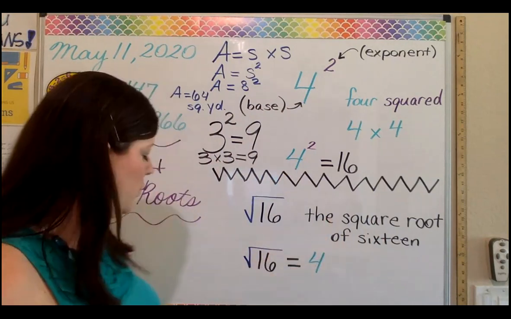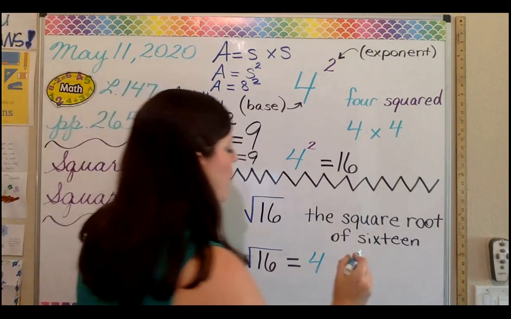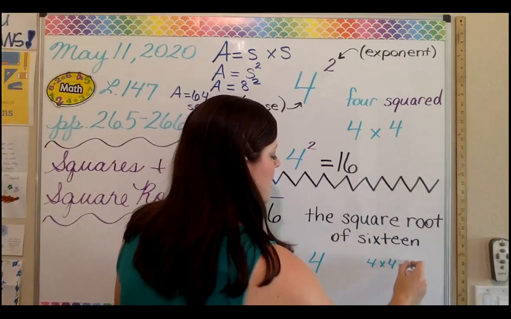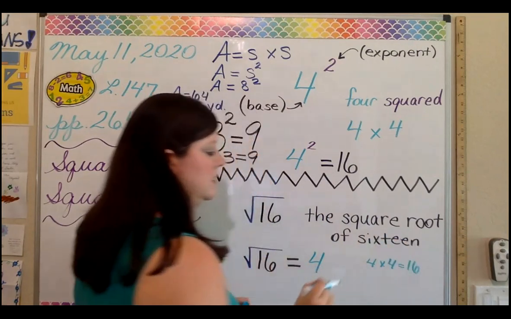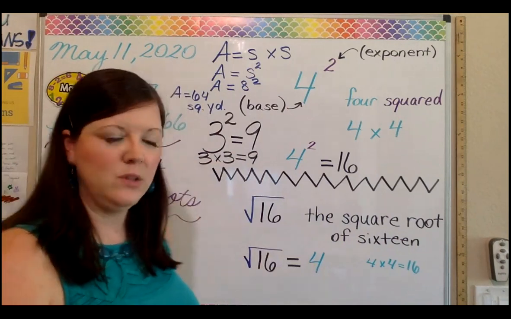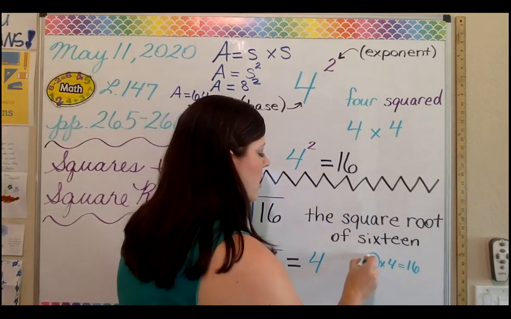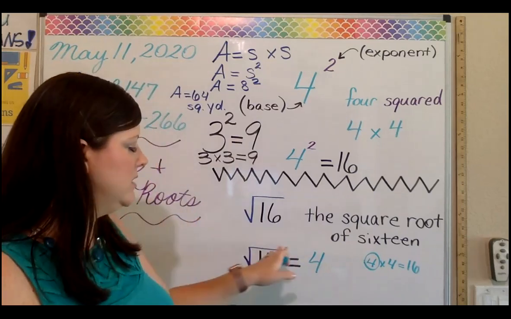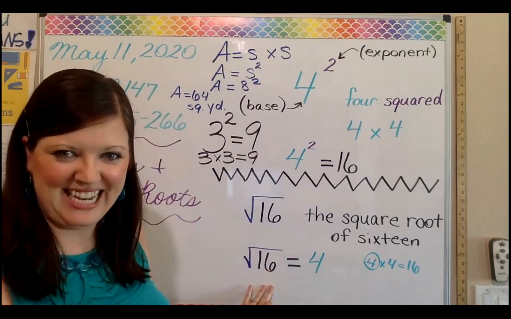Why is that? Well, because 4 times itself equaled 16. Since 4 times itself equaled 16, 4 is the answer to the square root of 16.